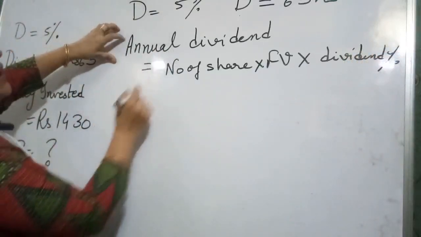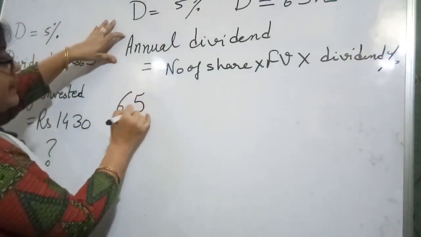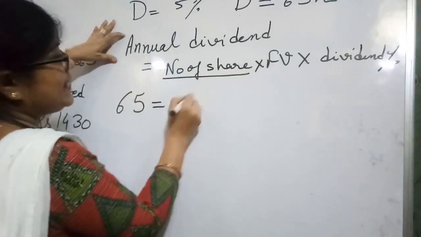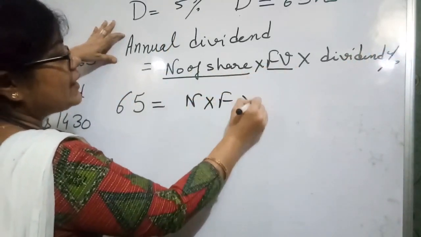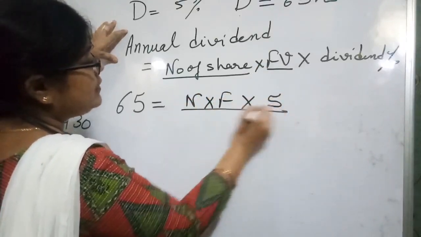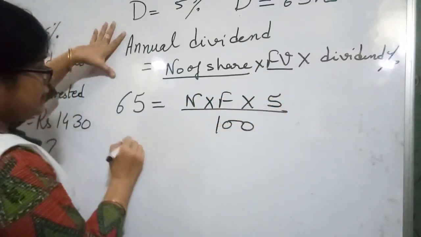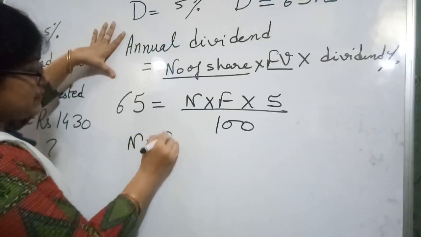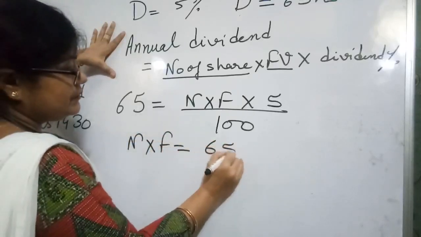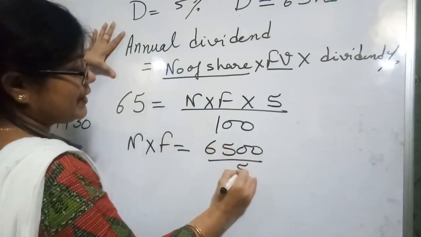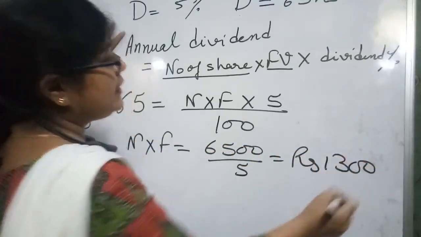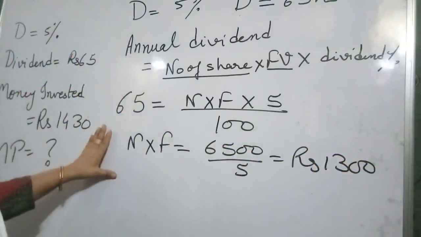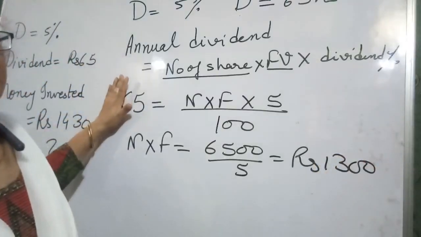The annual dividend he received is 65. Let the number of shares be N and face value be F, and the dividend percent is 5 over 100. So number of shares into face value is equal to 6500 over 5, that means rupees 1300. Clear? This is the first step whenever you have to find the market price.